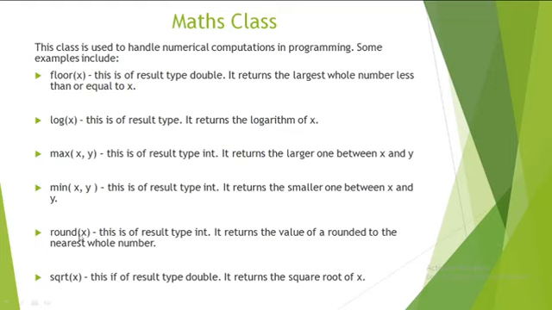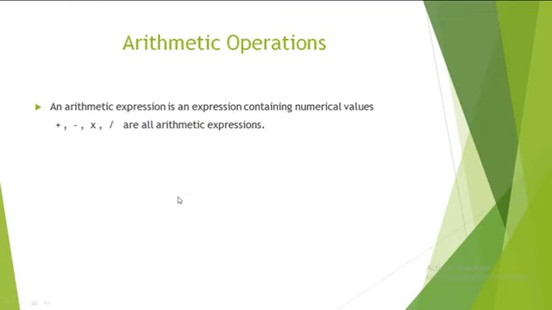So this one now, round, you put a decimal here, since the result type is int, and ints don't contain decimals, so you put the number here and it's going to round it and give you the nearest whole number.